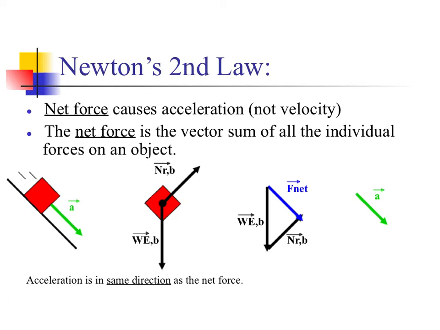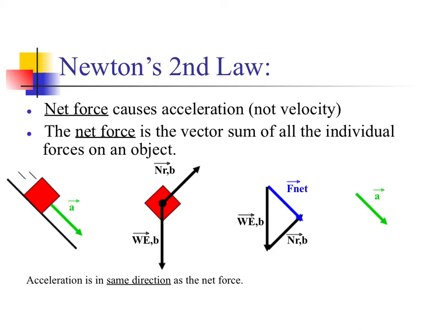When we rearrange our triangles, we can now find where the F net is, in this case. And even if there were, say, frictional forces here, they would point backwards. Usually friction is going to be in the opposite direction in which the object is moving.